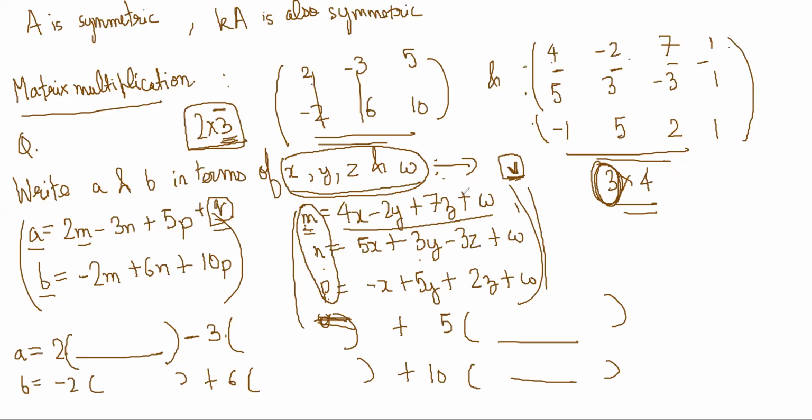Are you understanding? What I'm saying is, if there is an extra column here, then you have to have a variable here, Q, right? Correct. There would be a 2 into 4 type matrix, no?